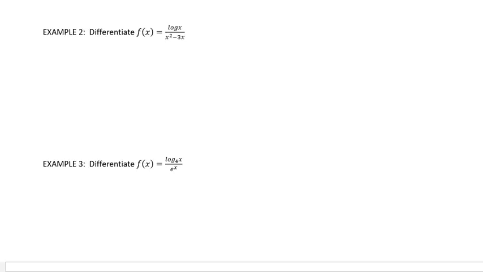So we use the quotient rule: the denominator times the derivative of the numerator minus the numerator times the derivative of the denominator, all over the denominator squared.